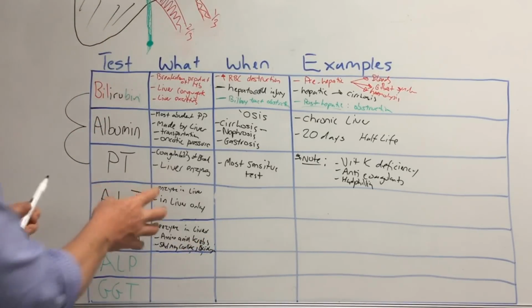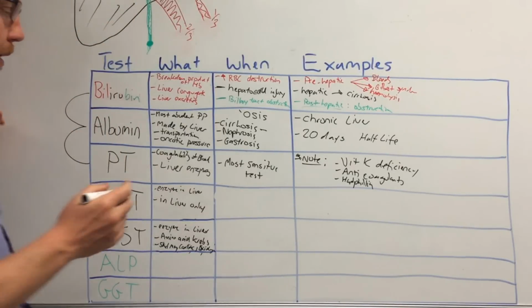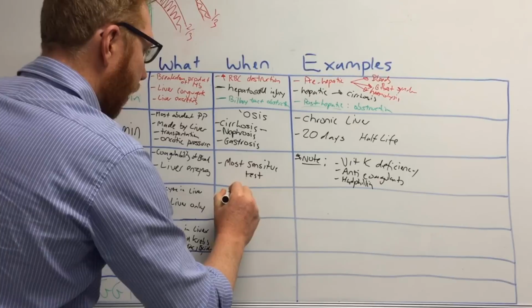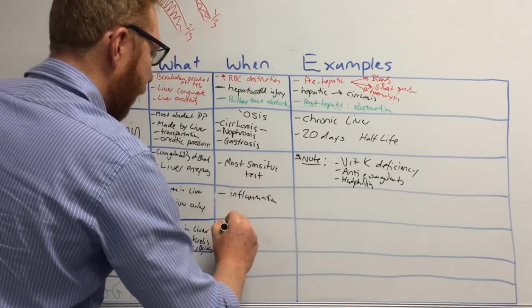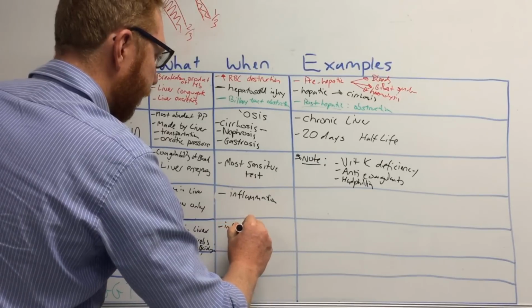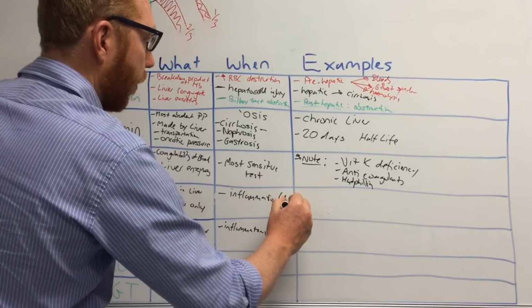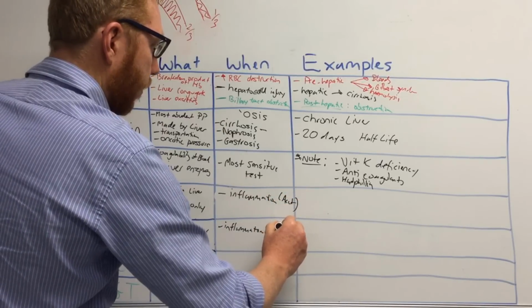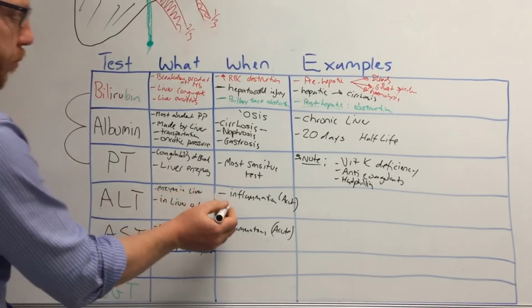Now, when would these, specific to the liver, be up? Well, it's usually with acute inflammation, so inflammatory states, and it's usually more acute. But it's important to note that ALT will be specific to the liver.